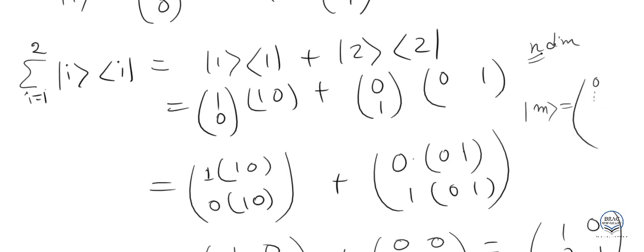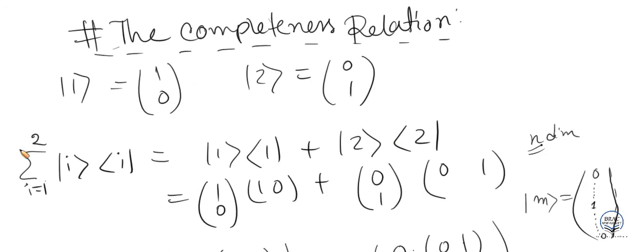All the elements above m will be 0, the mth entry will be 1, and all the way down to n will also be 0. This is a basis, and you already know how to write bases for an n-dimensional vector space where n is a finite number, and this will be the completeness relation.